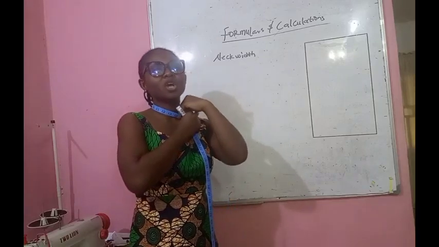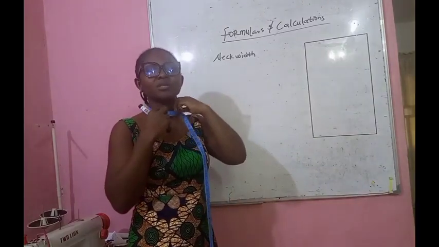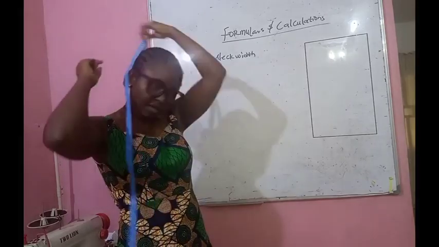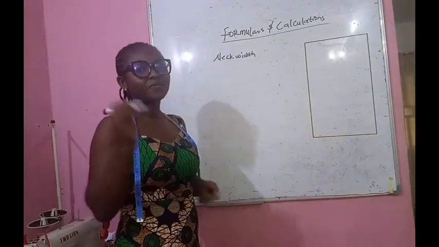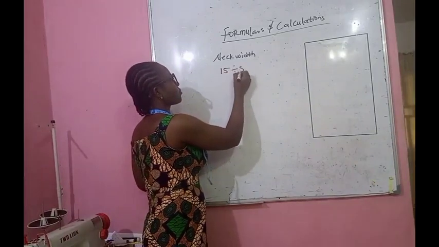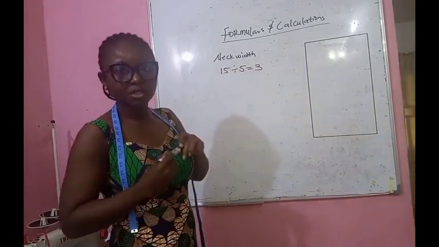Make sure it is not too tight. It is something that can allow the person to reach. You can see that it is free. Okay, so whatever you've got, my neck circumference is 15. So I'm going to divide 15 by 5. And that is going to give us 3 inches.